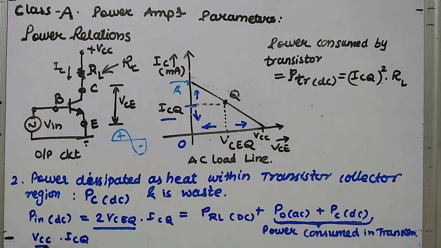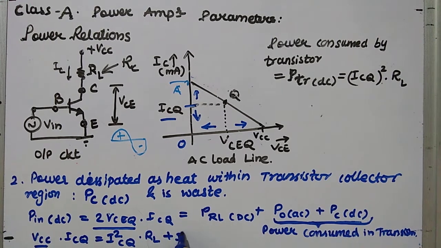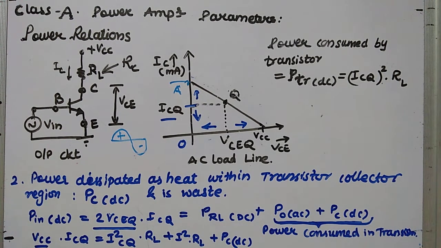So I am writing VCC into ICQ, which is equal to I square CQ into RL plus I square into RL plus PC DC. This power is absolute waste.